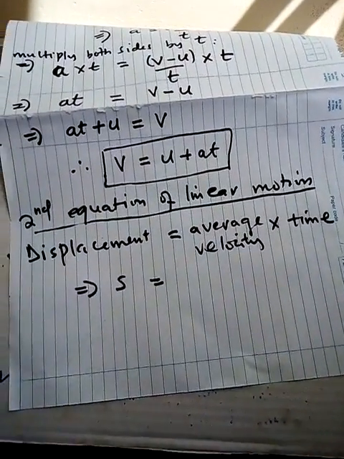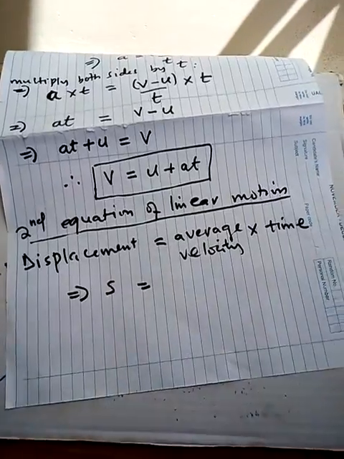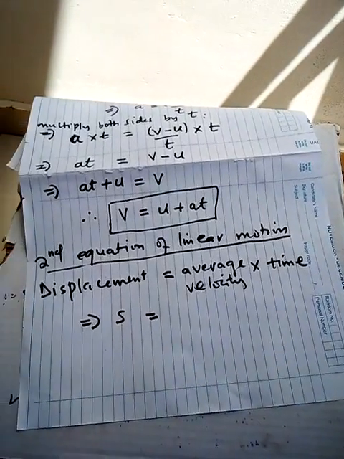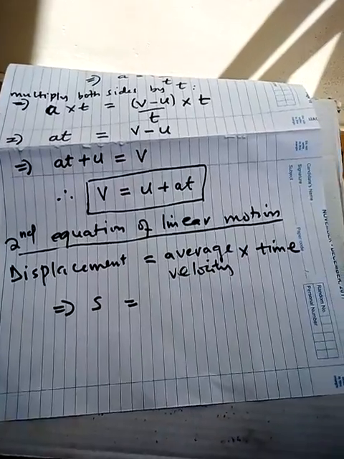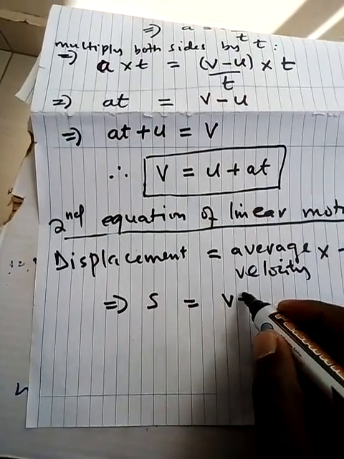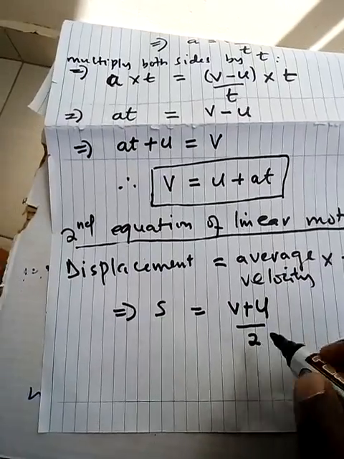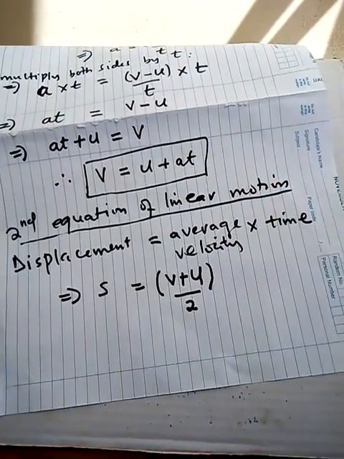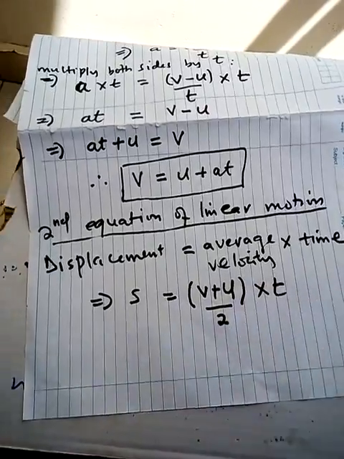I recall very well at the beginning of this topic, we had a term called average velocity. We defined it and put down the mathematical expression, and that was (v plus u) divided by 2, or you can simply say (u plus v) divided by 2, then times time.